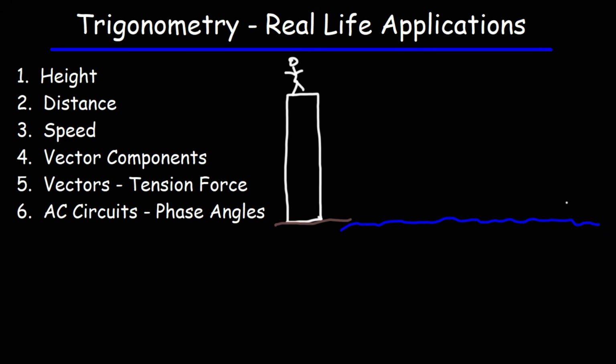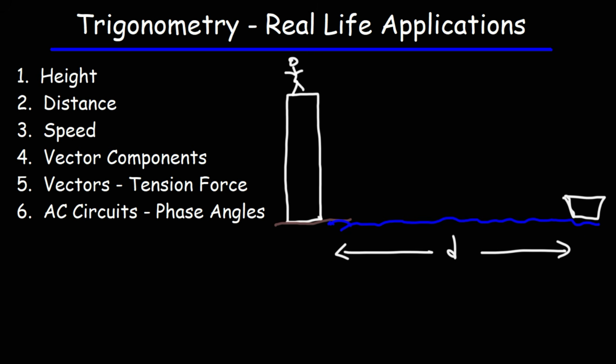And let's say far away on the ocean is a boat. And you want to determine how far the boat is from land. Let's say the lighthouse is like right at the edge of the cliff. So you want to calculate this distance.